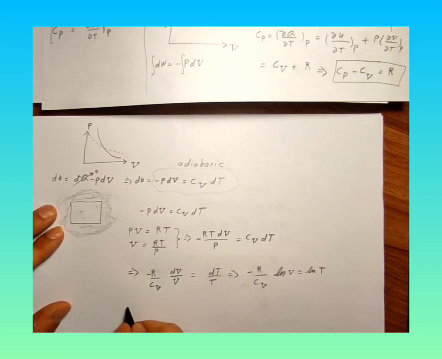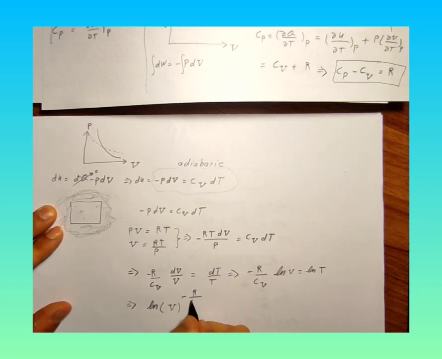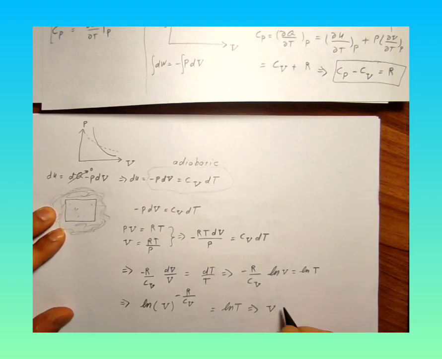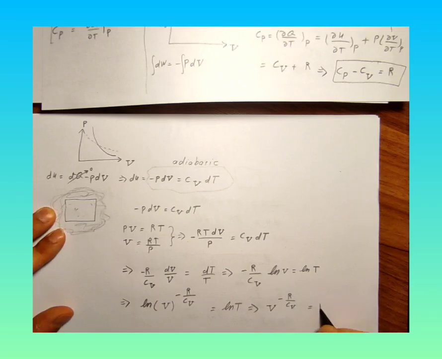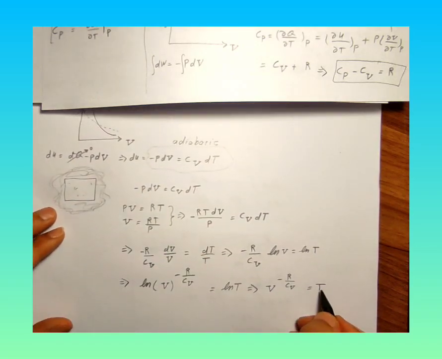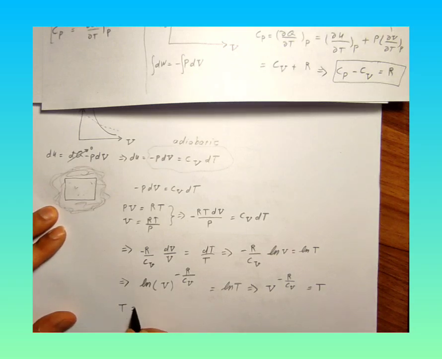So ln V to the power of minus R divided by Cv is equal to ln T. So V to the power of minus R divided by Cv is equal to T. And I don't like temperature in diagrams, so I replace it with P. T from the ideal gas relation is PV divided by R.